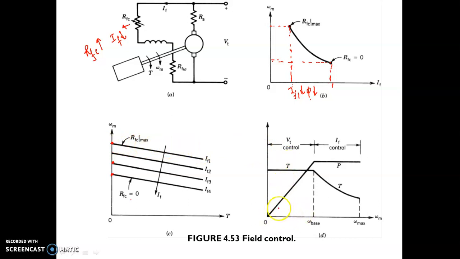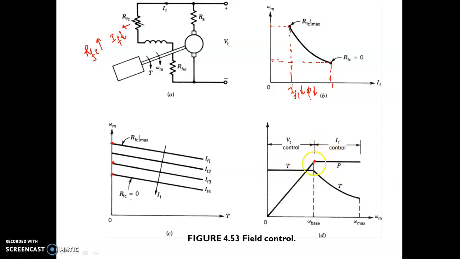In this graph, both VT armature terminal voltage control and field control are shown. In VT control, torque is kept constant up to this point.